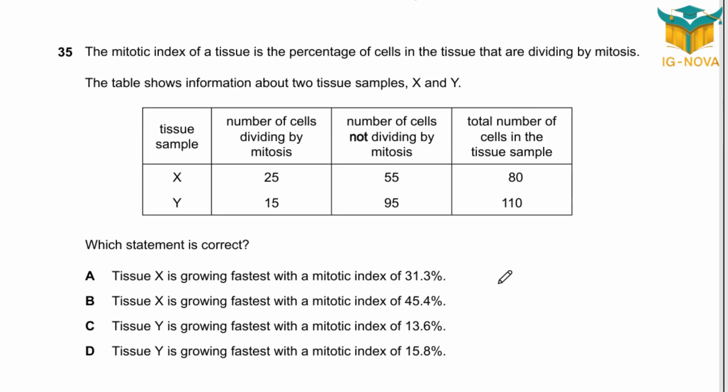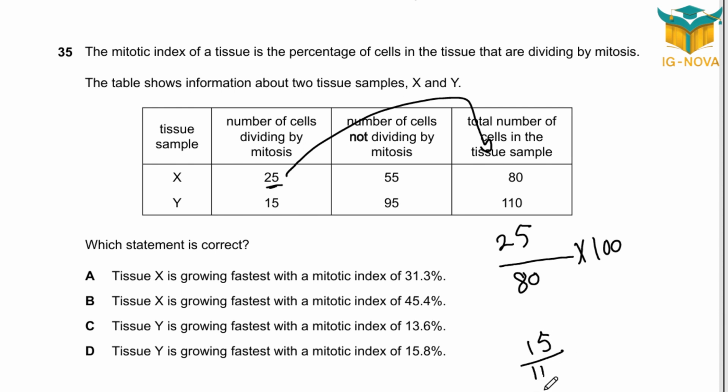Mitotic index. Mitotic index is equal to number of cells in mitosis divided by the total number of cells. So for sample X, 25/80 multiplied by 100. And for sample Y, 15/110 multiplied by 100.